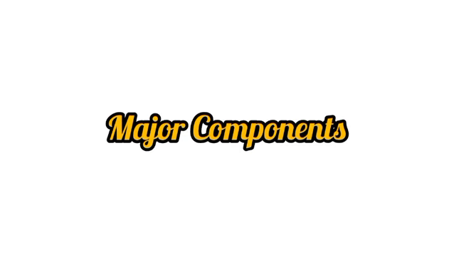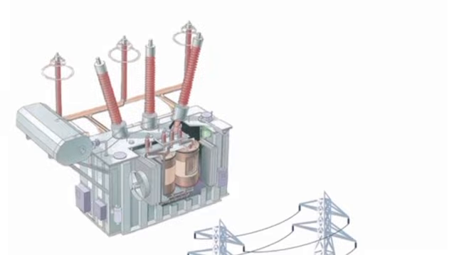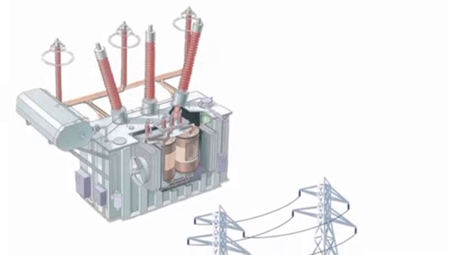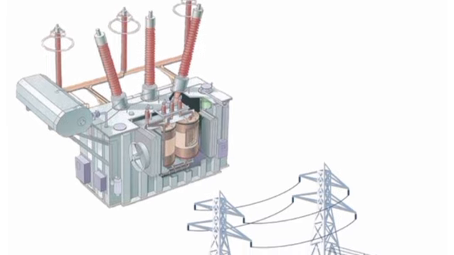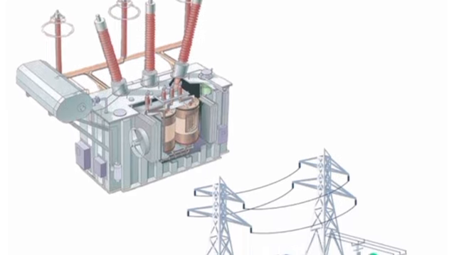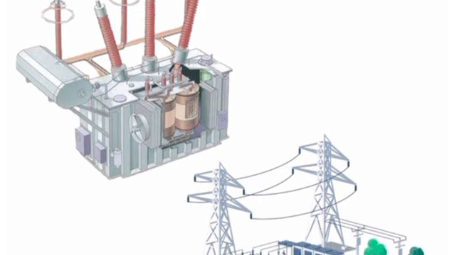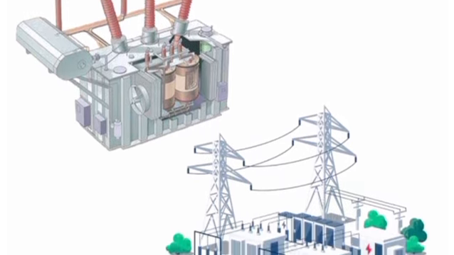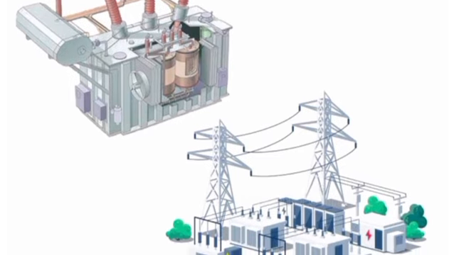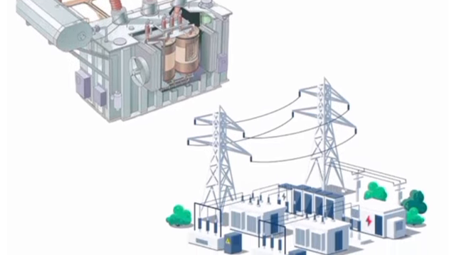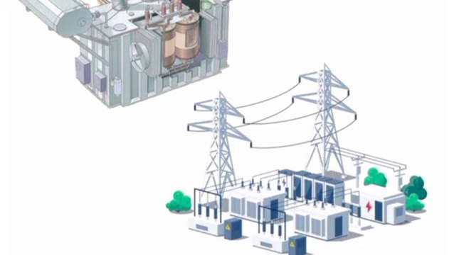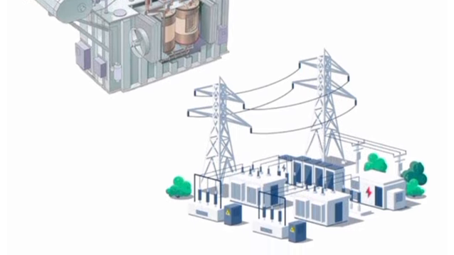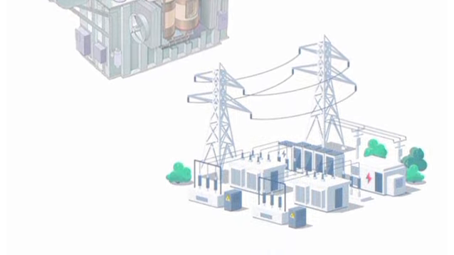Major components: step-up transformers raise voltage from generator output for transmission lines, high voltage conductors, AC or HVDC, substations, grid stations, switching, voltage regulation and protection, switchgear protection systems, circuit breakers, relays, and monitoring devices.